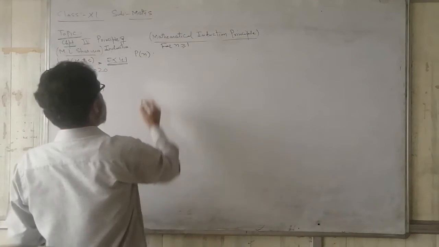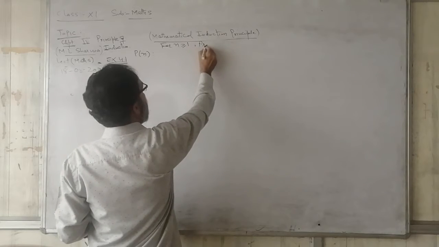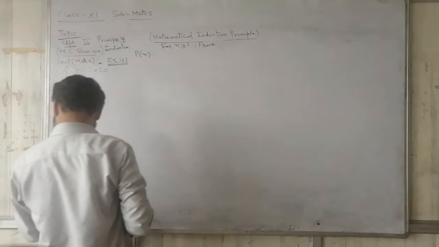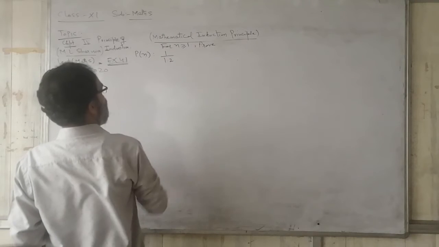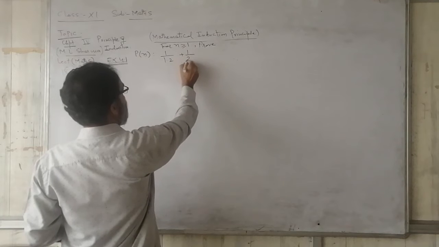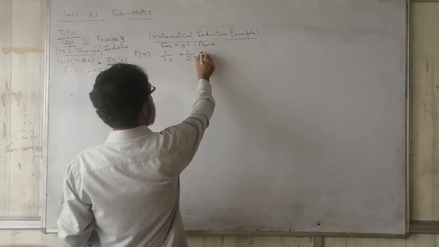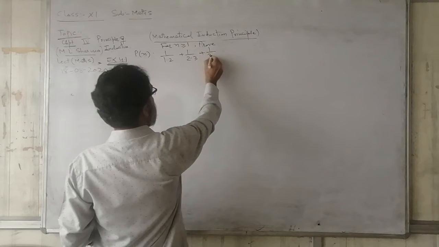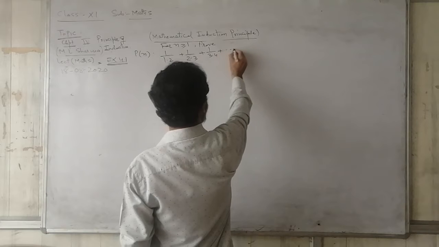He says we have to prove the result, and result is 1 upon 1 into 2 plus 1 upon 2 into 3 plus 1 upon 3 into 4 plus so on.